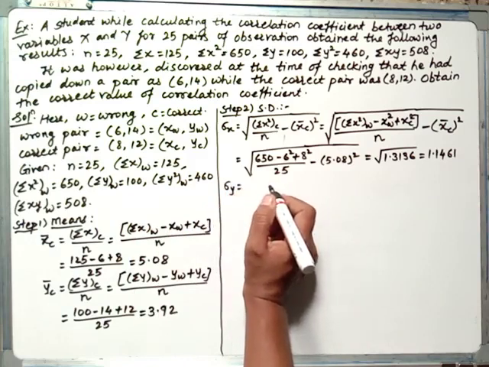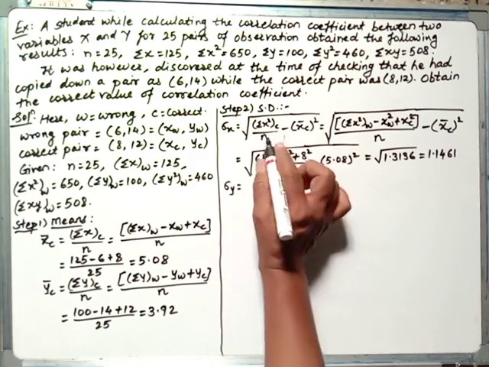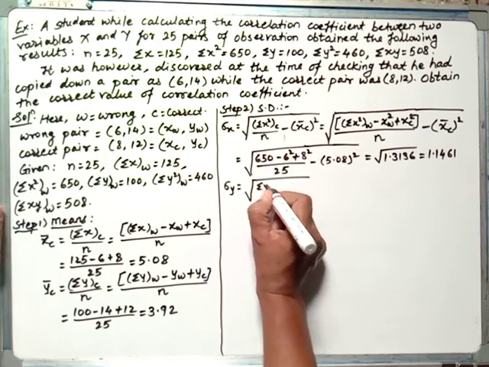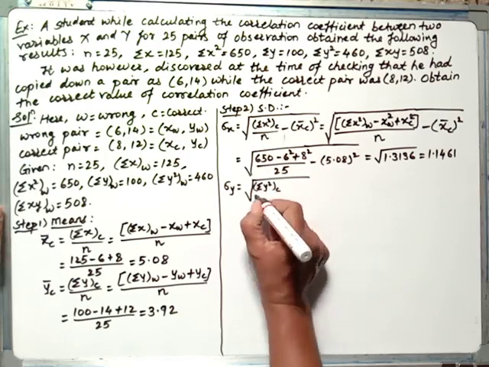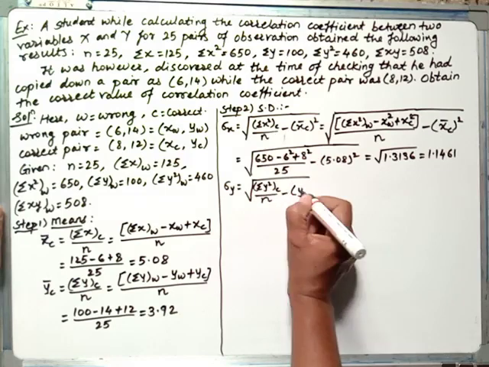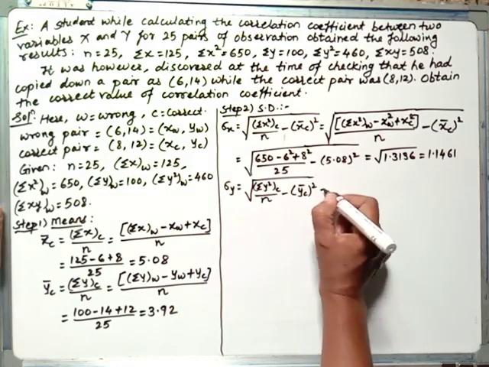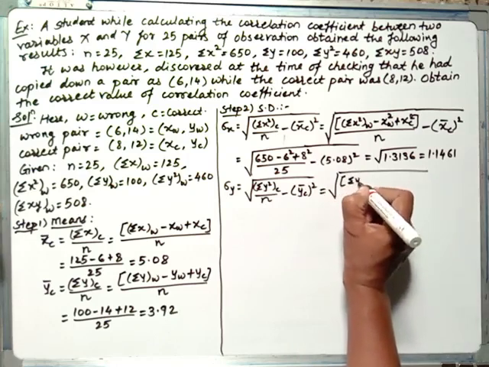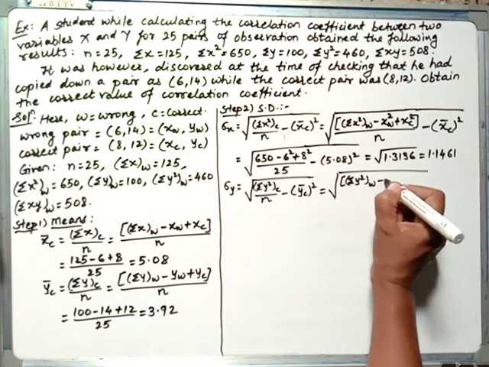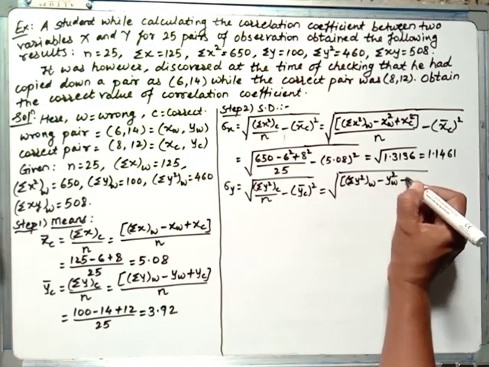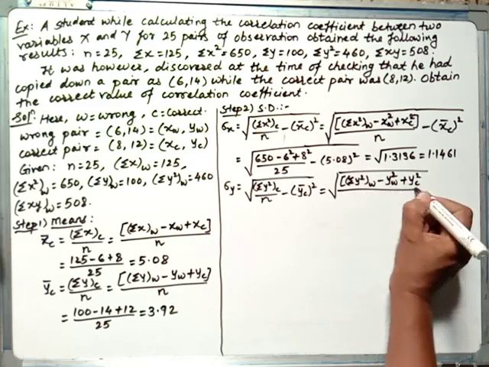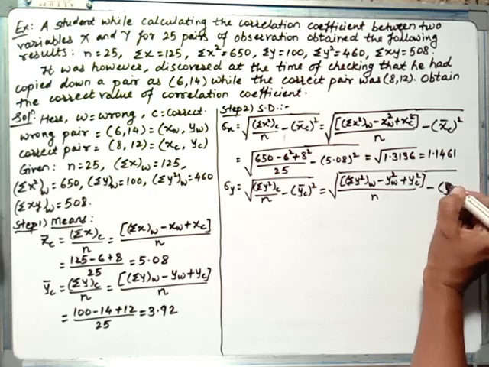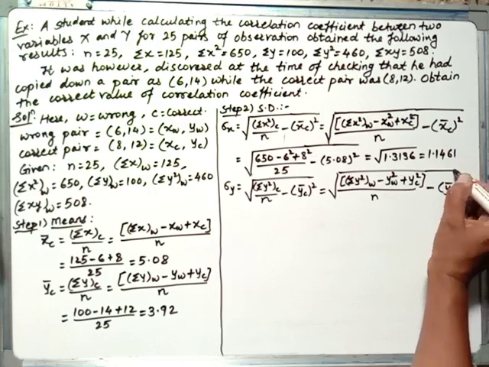Okay. Now sigma y. What is sigma y? Similarly, you get this one, under root summation y square, the correct one, upon n minus yc bar square. That will be root again summation y square, the wrong one, minus y wrong square plus y correct square upon n, minus y bar, the correct one, square.